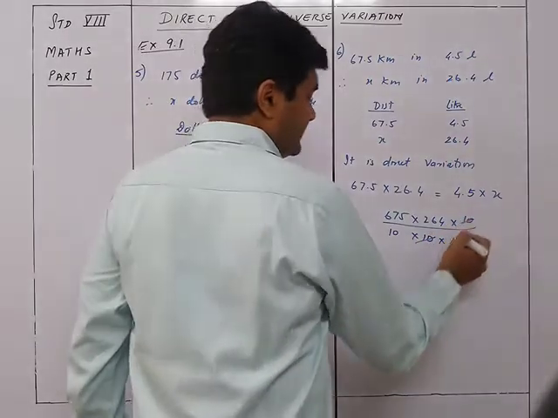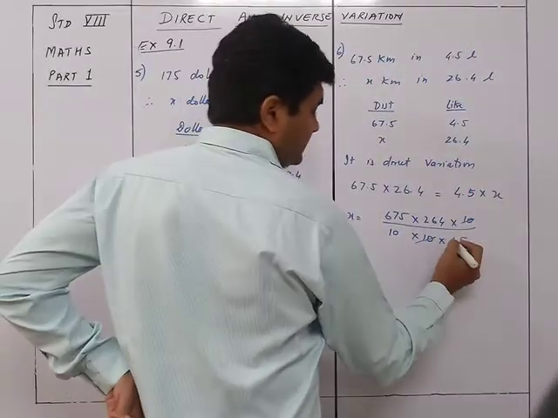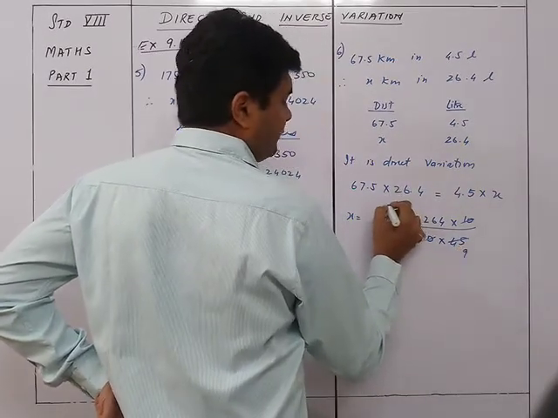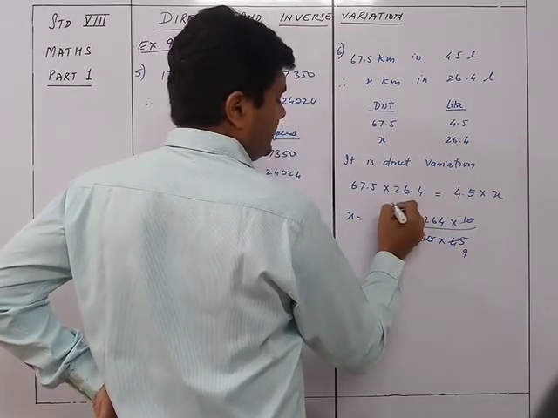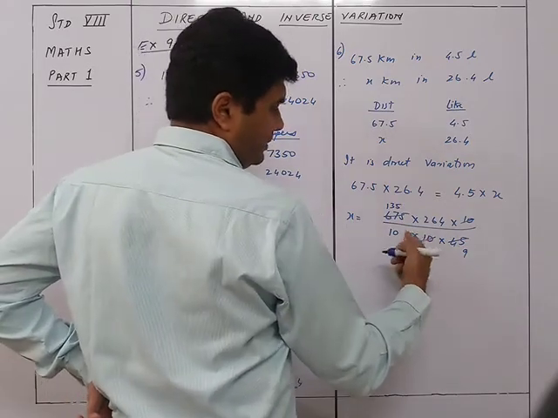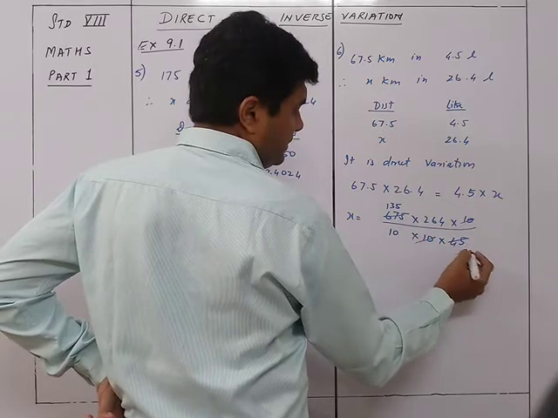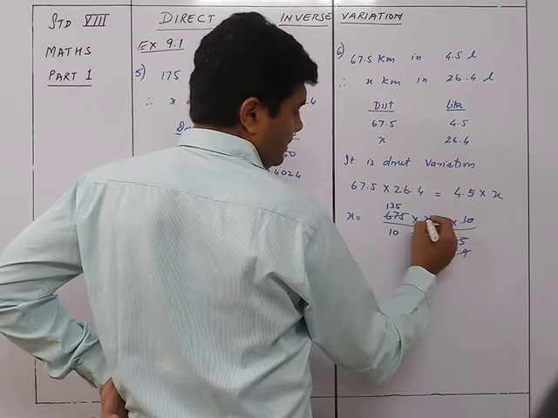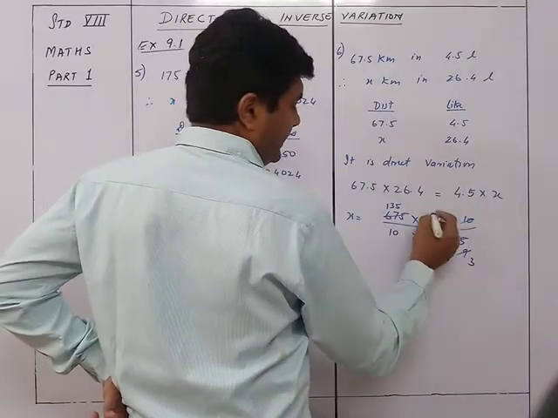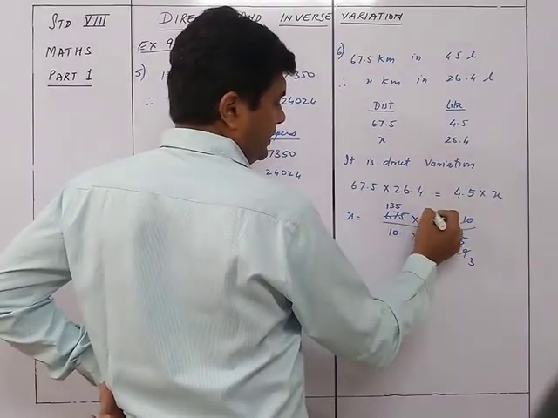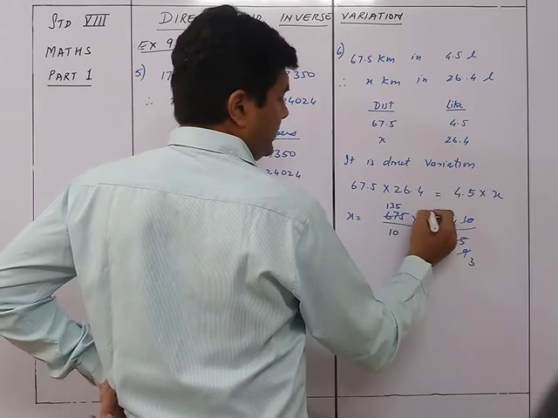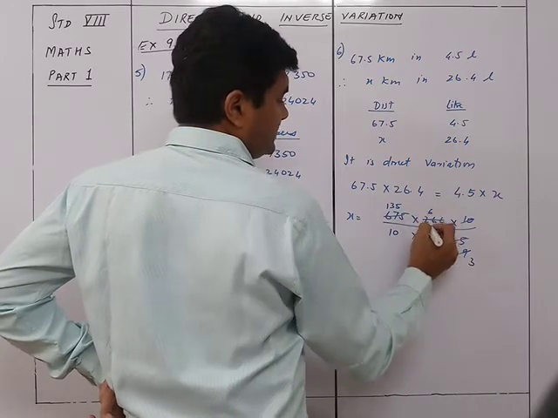The 10 gets cancelled. Now this is 5 9s are, and this is 5 1s are, then 3s are and 5s are, 135, and then 9, you can try this one.